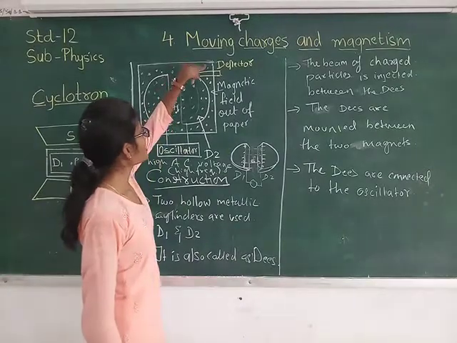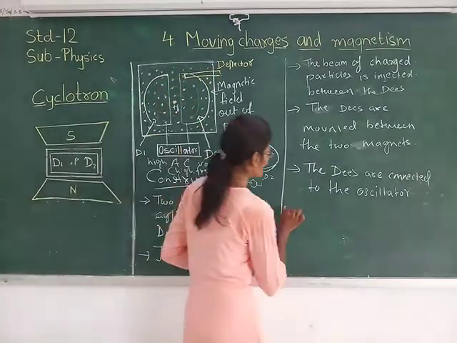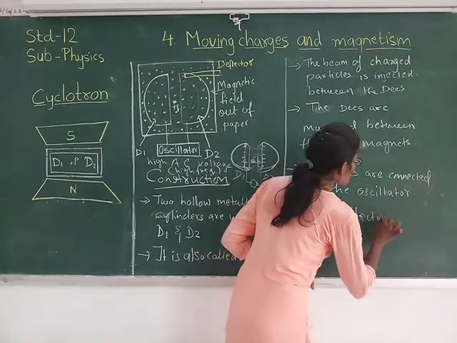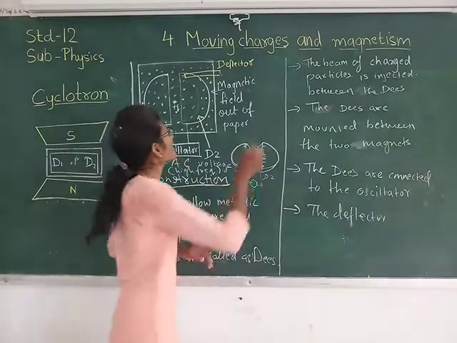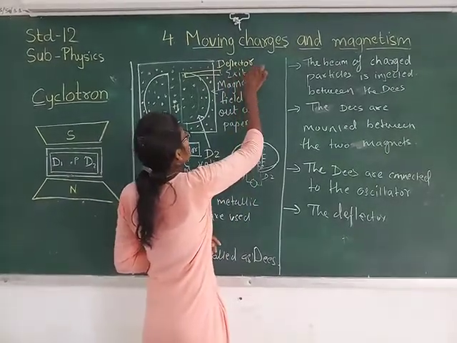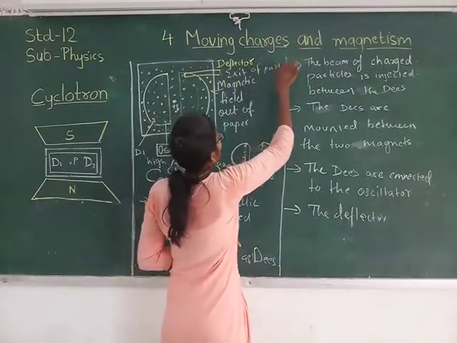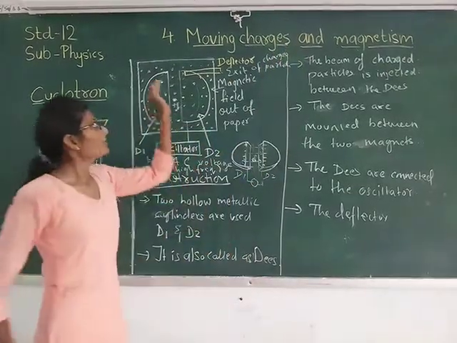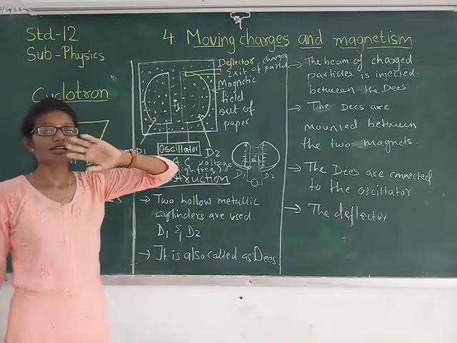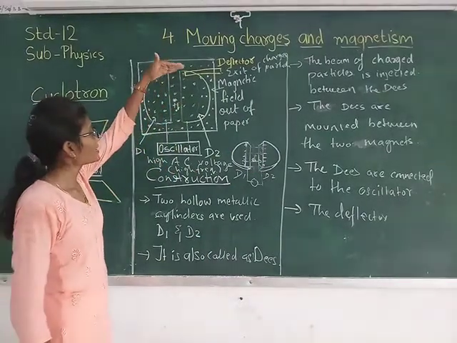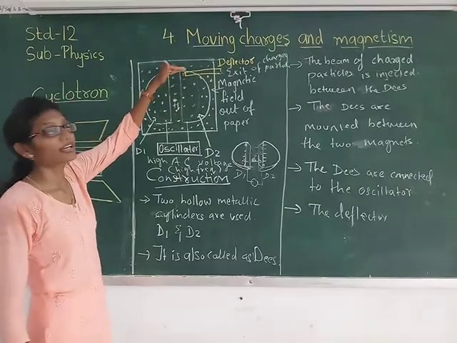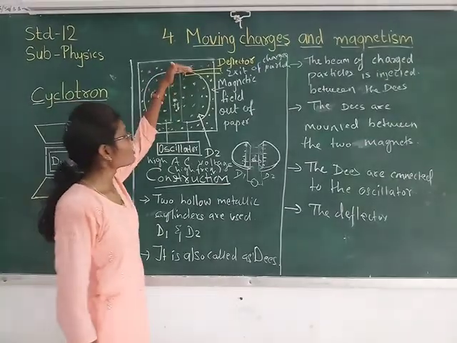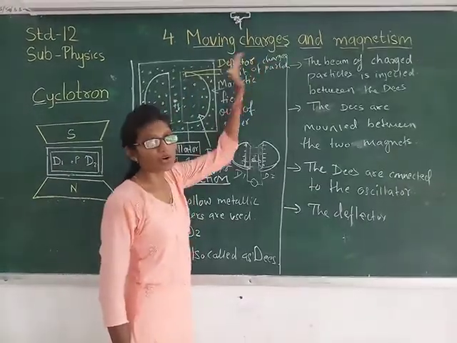Now as you can see, there is a deflector, right? Deflector means what? Something that will be deflecting. Here there is an exit of the charged particle, right? So when the charged particle, after accelerating, after getting high energy, comes over here, through this deflector it gets deflected, and from this it will be coming out of this construction.